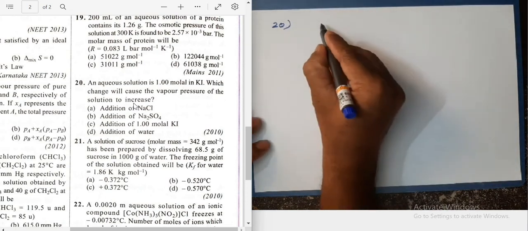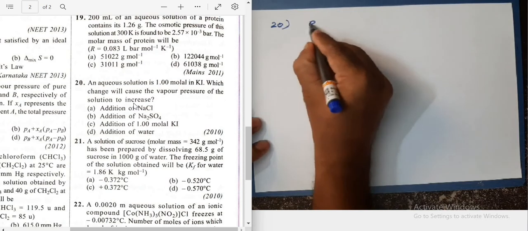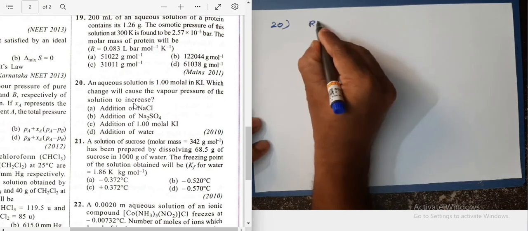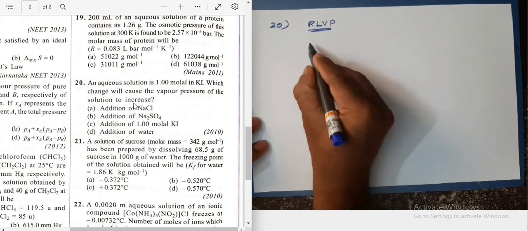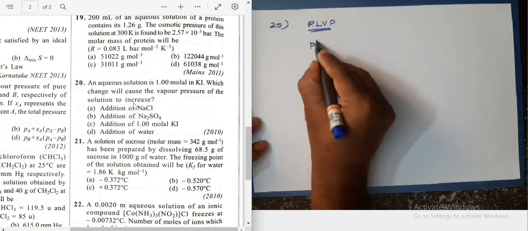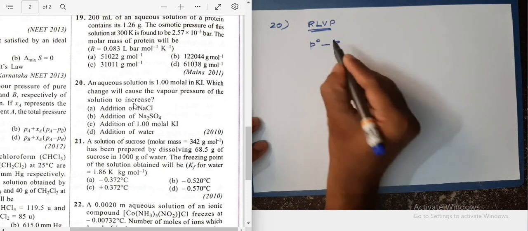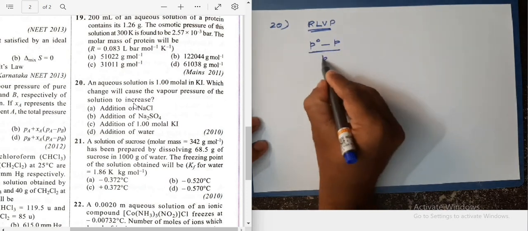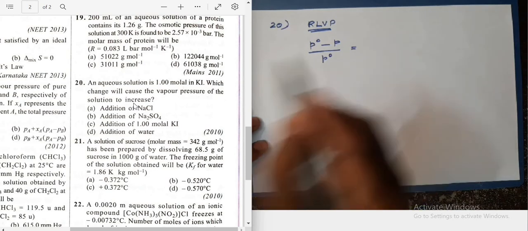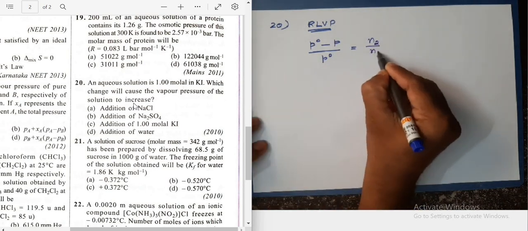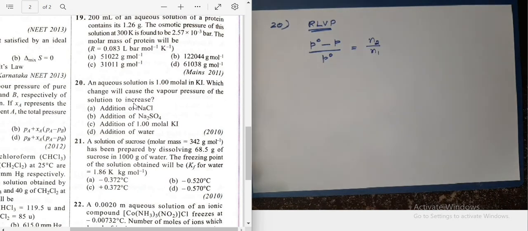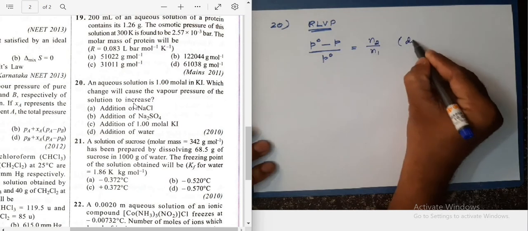You know very well the relative lowering of vapor pressure. What is that? It's nothing but vapor pressure of pure solvent minus vapor pressure of solution divided by vapor pressure of pure solvent is equal to N2 by N1 in the case of dilute solution. Okay, this is applicable for dilute solution.